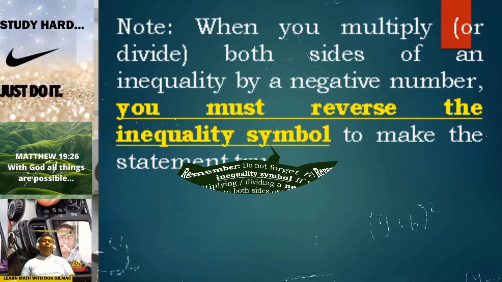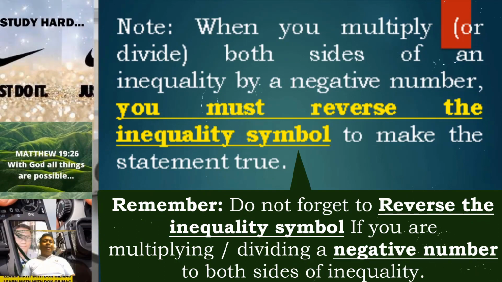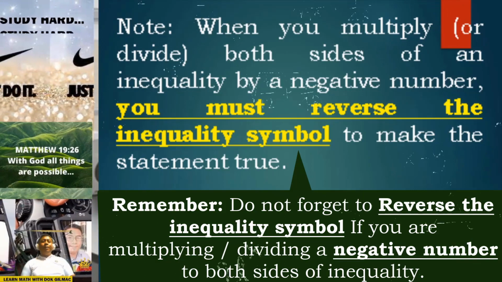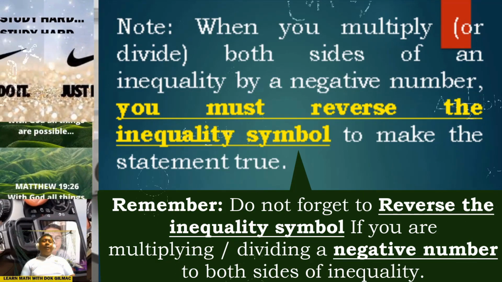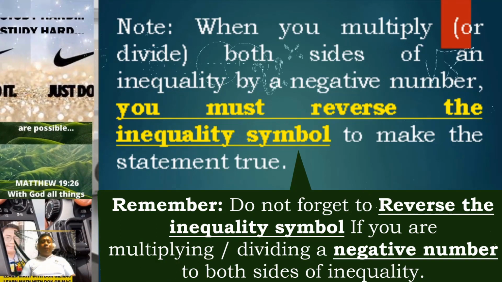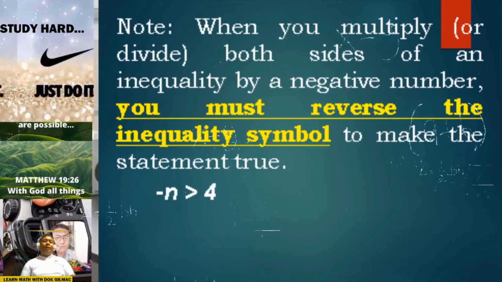Take note, when you multiply or divide both sides of an inequality by a negative number, you must reverse the inequality symbol to make this statement true. Consider the following illustration.